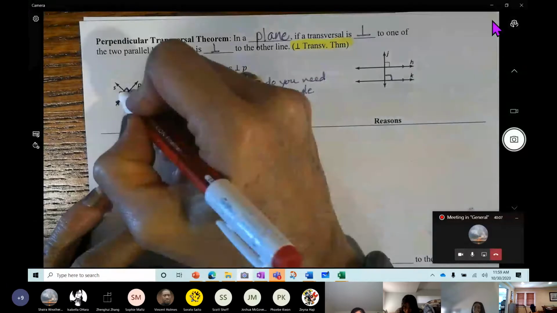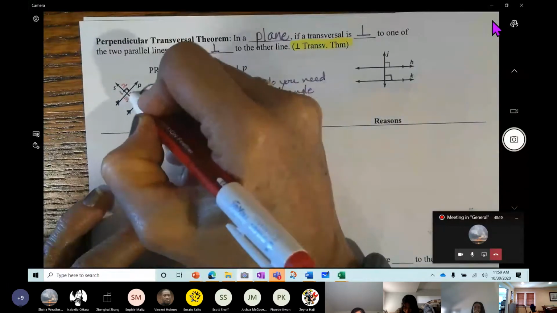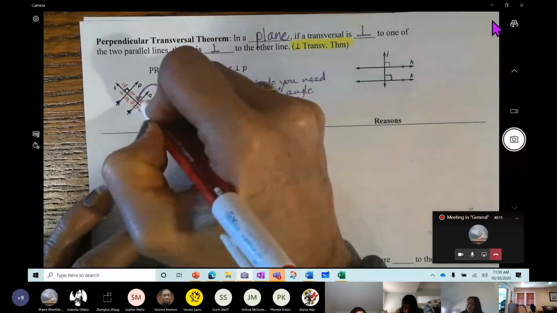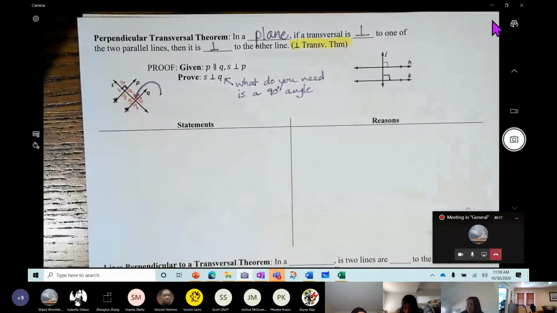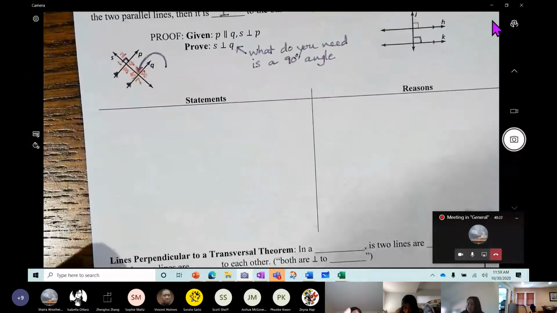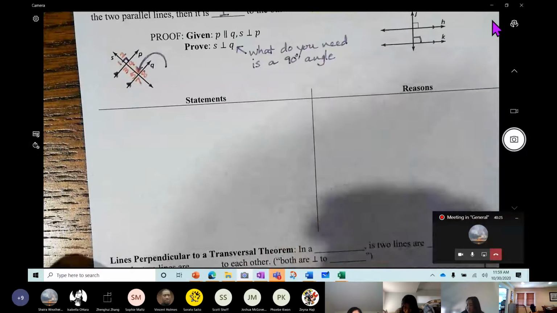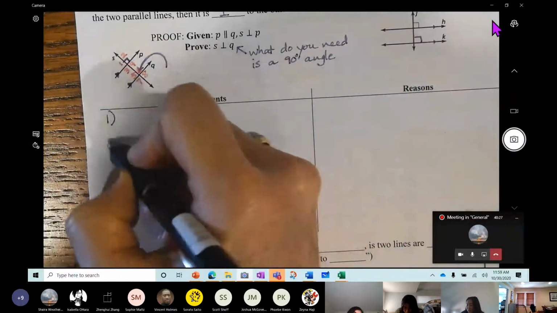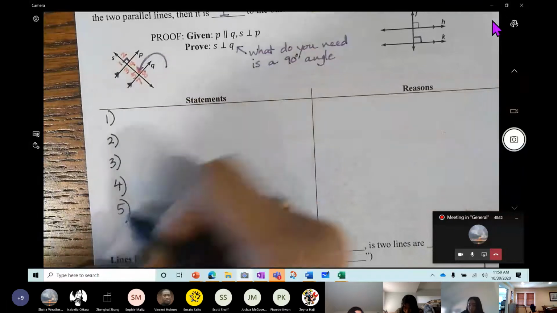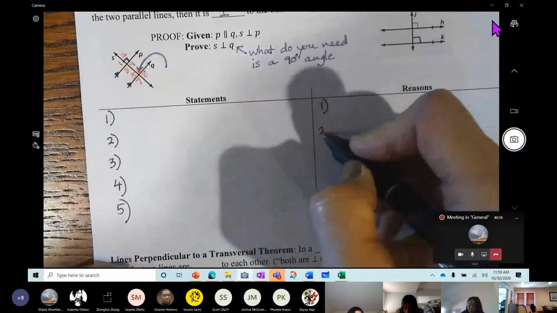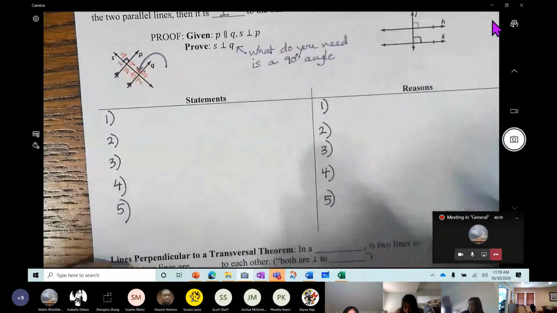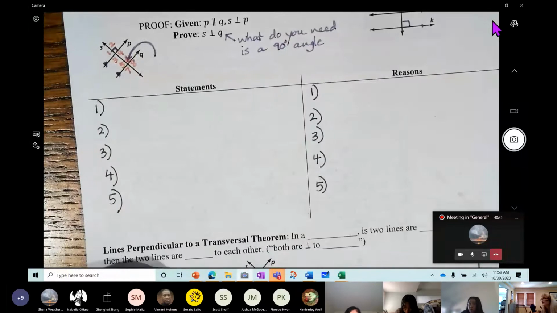I'm going to put 1, 2, 3, 4, 5, 6, 7, 8. And I will tell you, this should be 5 steps. So 1, 2, 3, 4, 5. And I'm doing this because I wrote too big on my last sheet, and then I didn't have enough room. So now for sure I'll have enough room.